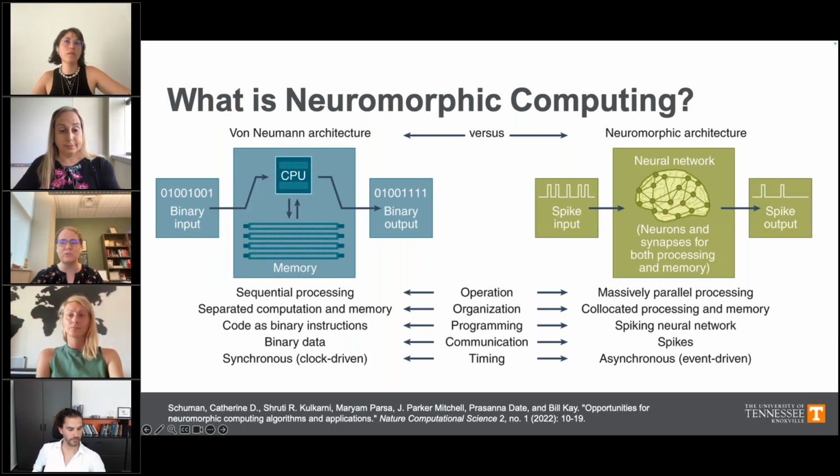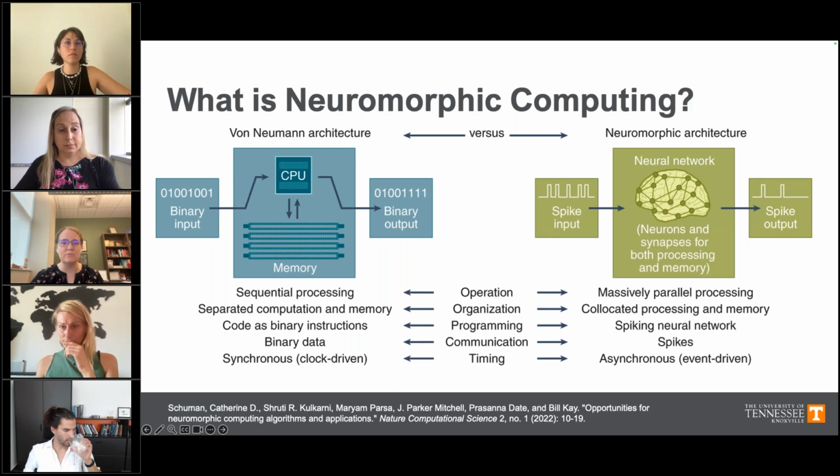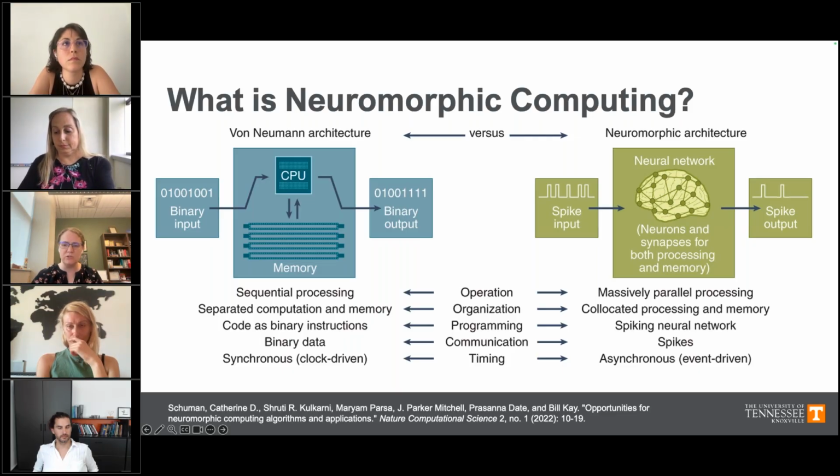One is in the operation, with massively parallel processing. In the organization, co-located processing and memory. Programming via spiking neural networks, communication via spikes, and asynchronous or event-driven timing. So this was a convenient way for us to think about what are the properties of this computer that we are actually going to be working with.